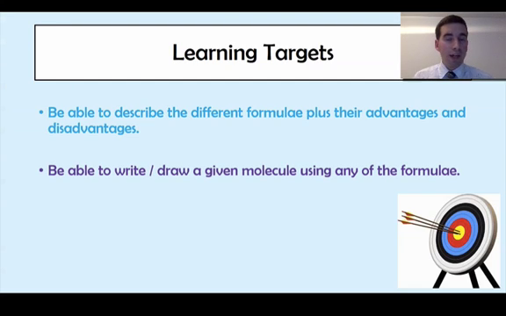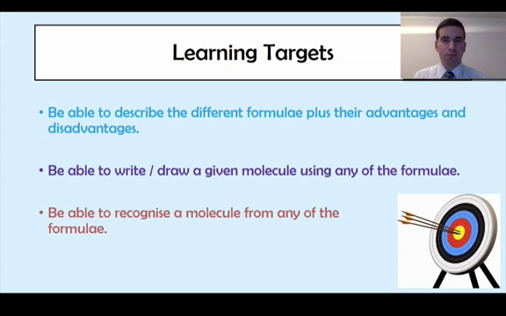You should be able to write or draw the formula of a given molecule. And hopefully, if you were given one of these formulae, you should have an idea of what the molecule they are talking about is. If you're unsure about any of this, watch the video again.